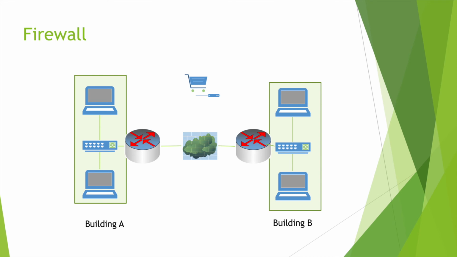For example, one person in building A is trying to purchase something online, and he needs to enter credit card information. Is it secure to put that information? What if someone tried to hack that network and get that information? That's the reason we use a firewall.